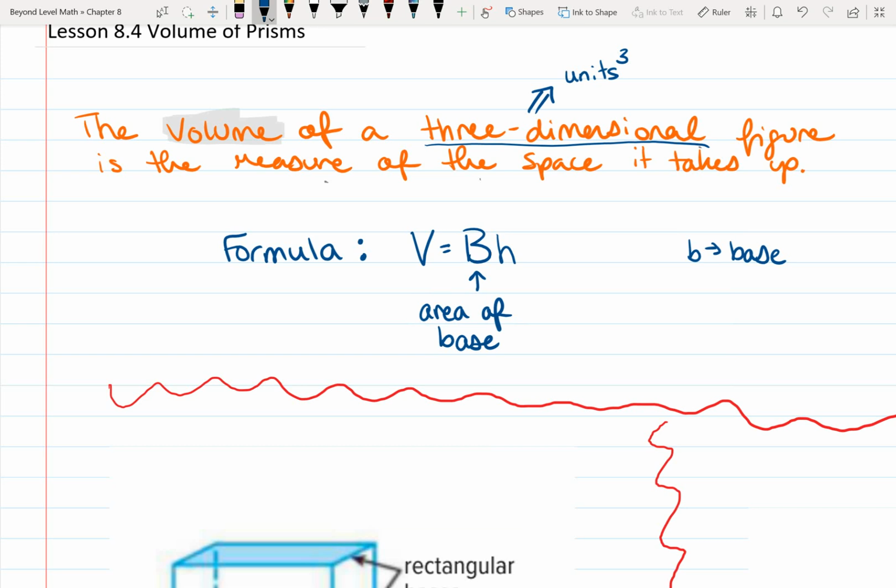The only two that we're working with in this section are a rectangular prism and a triangular prism, so we're not getting into anything too complicated here. But your formula is the same for any prism, capital B times H. So it's the area of the base times the height of the actual prism.